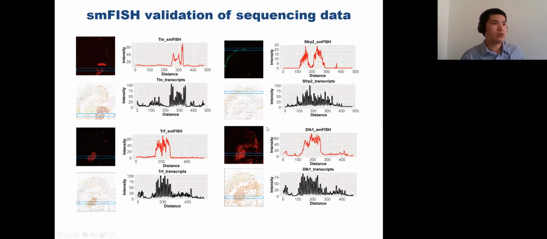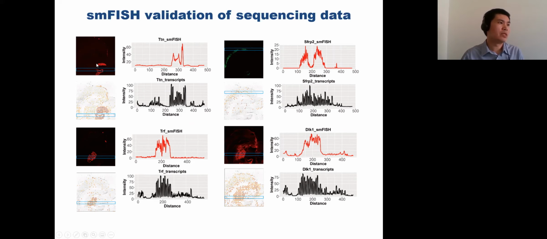Another validation we do is use single molecule FISH, because it's the gold standard for validation of these spatial technologies. smFISH basically designs probes, maybe tens or hundreds of them, which can bind mRNA and show fluorescence. We are comparing the smFISH data pairwise with our sequencing data.